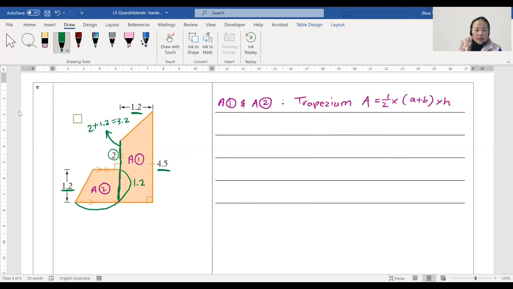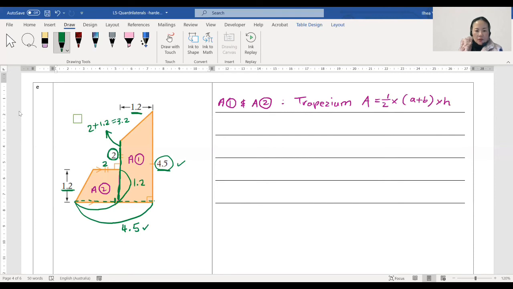Okay, that's not too bad. Now let's have a look at this one. How am I going to find that? I'm going to have a look at the whole thing here. It's 4.5 because there was a little symbol that says the whole thing is 4.5. So that was 4.5 here, that was 4.5 here.